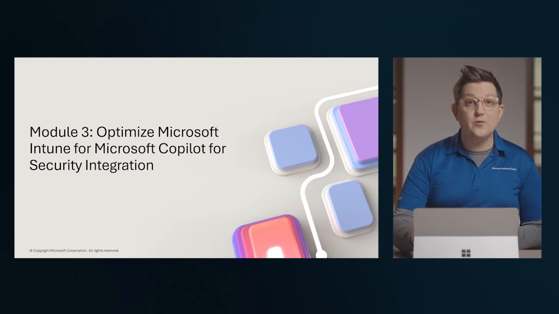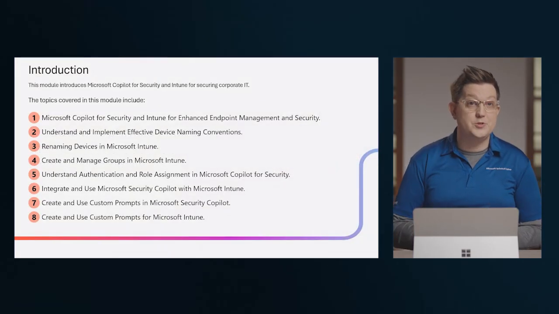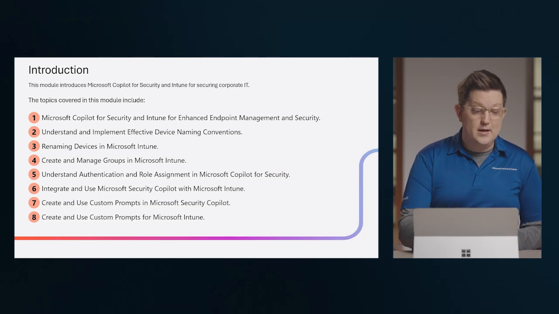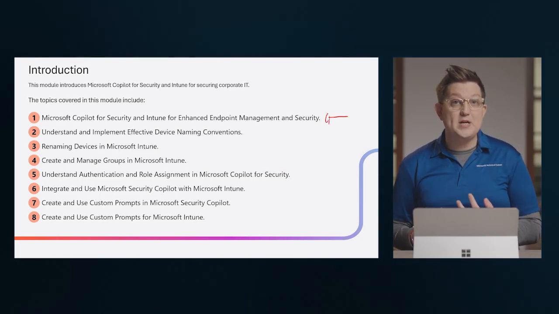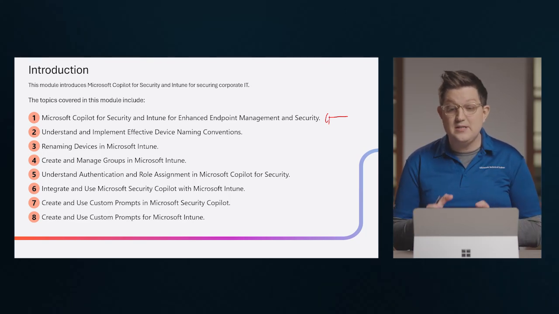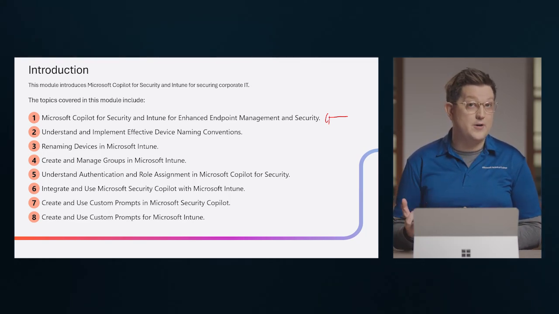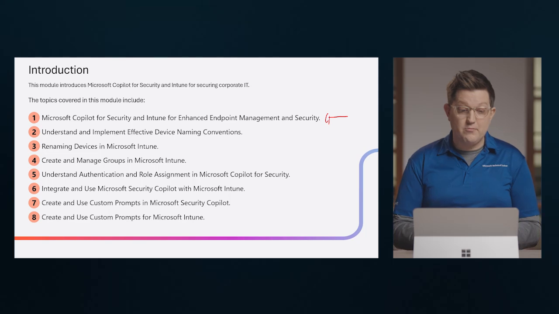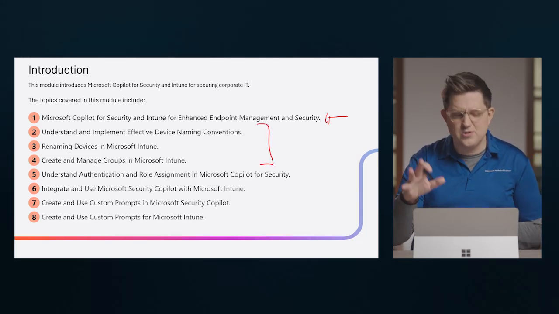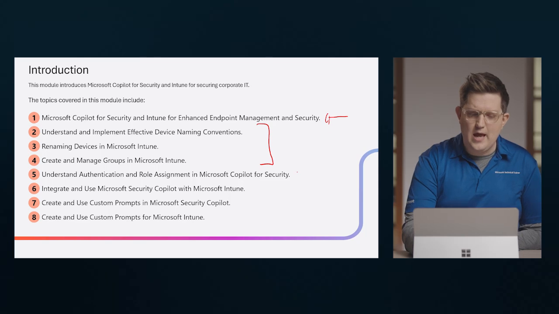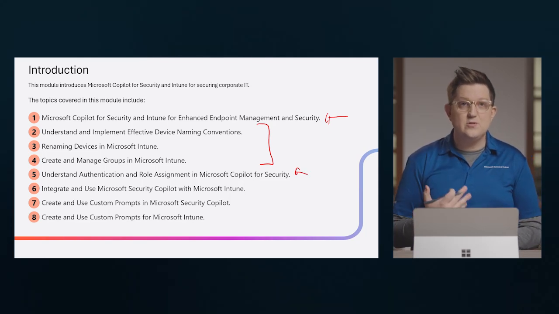So let's go through what we're going to be covering in the module up ahead. The first chunk, exactly as you'd expect, is a little bit of a recap of what you can get individually with different components of the various products. The rest of it is going to be a combination of setup, naming convention groups, things like that, and how we actually authenticate into the various products.